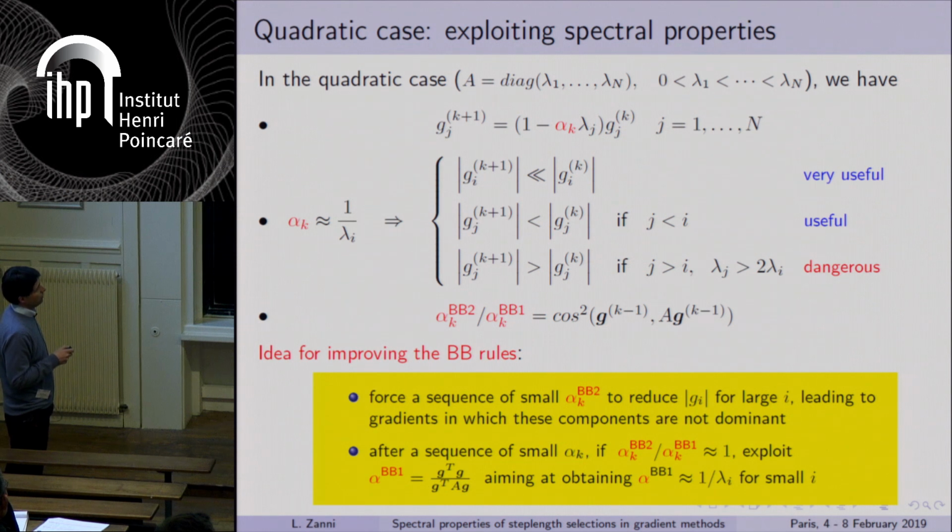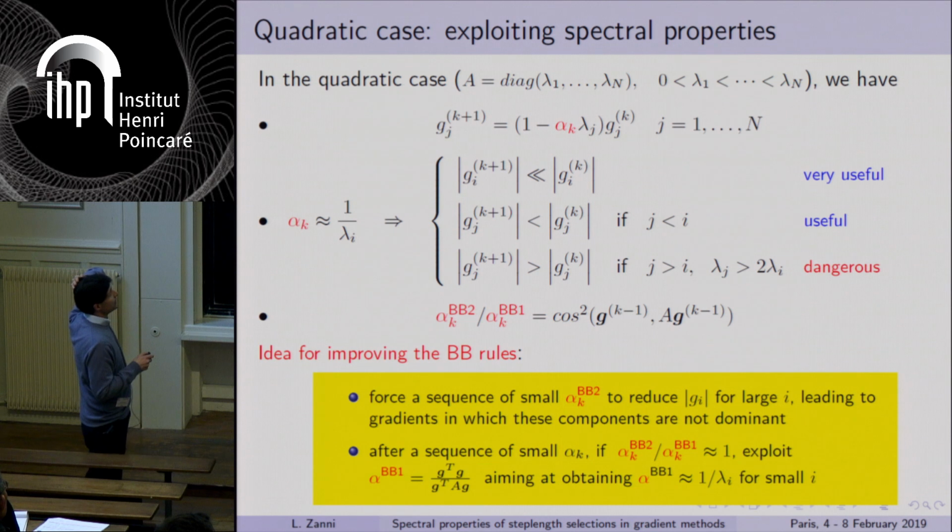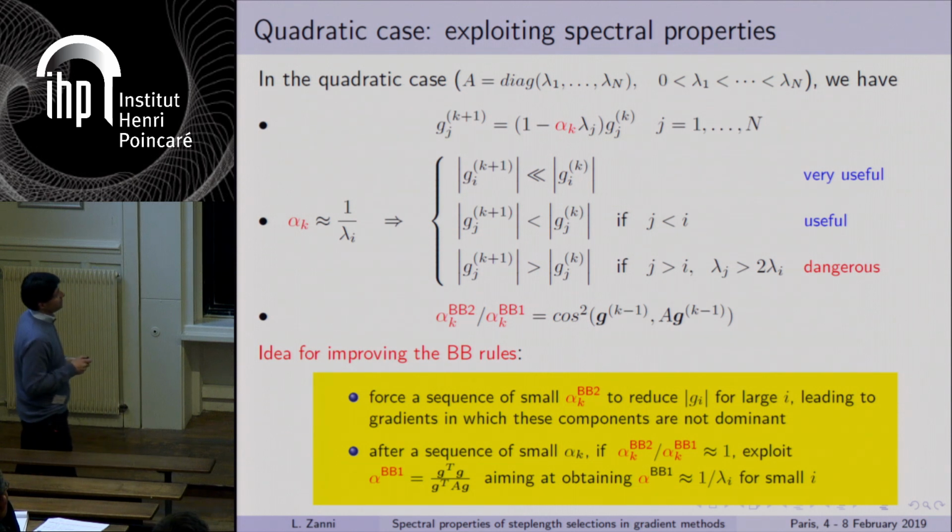I have a reduction of all the other components corresponding to smaller eigenvalues, but I can have an increase of the gradient components which correspond to larger eigenvalues. This is due to the fact that this product, alpha k times lambda j, in the last case, can be much larger than 1.